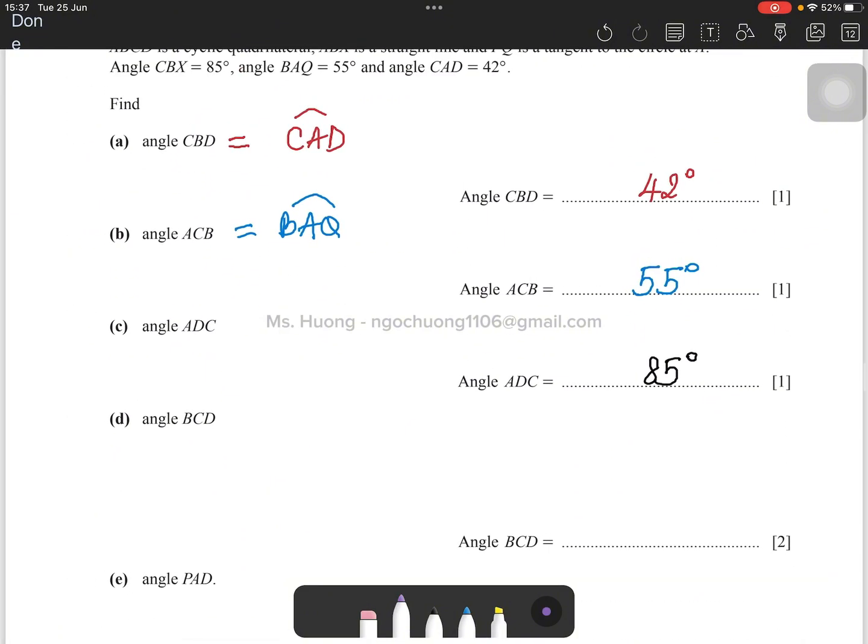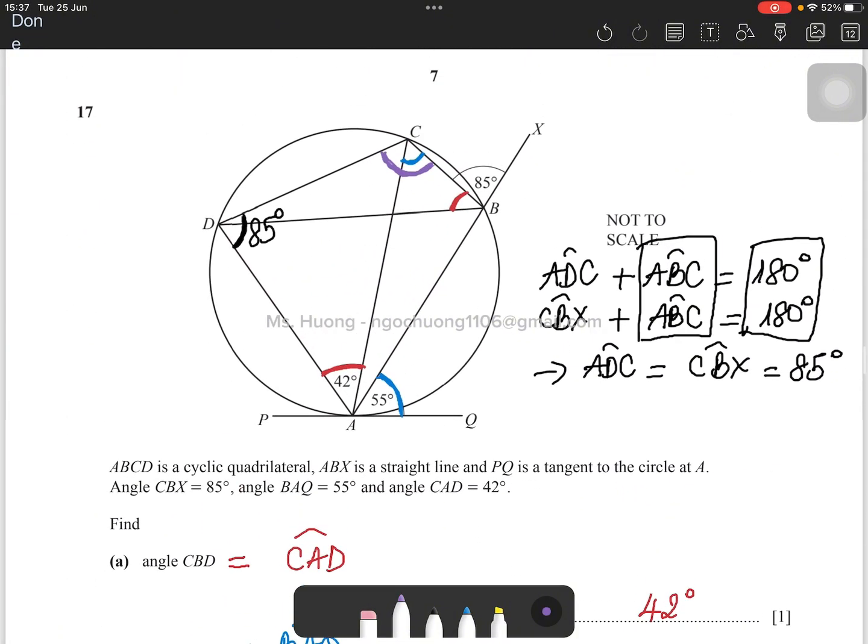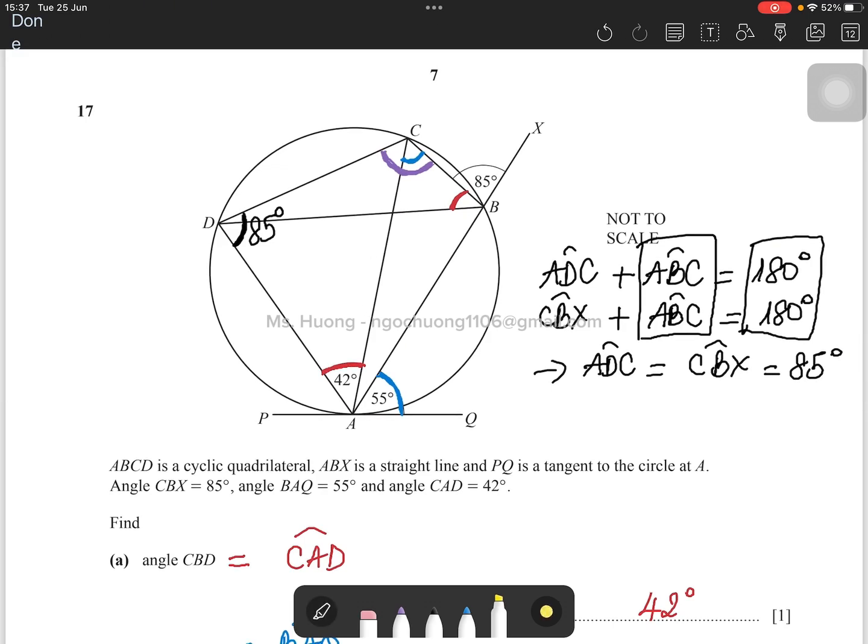Question D, angle BCD. BCD is the purple angle. First, we look at the triangle ADC.